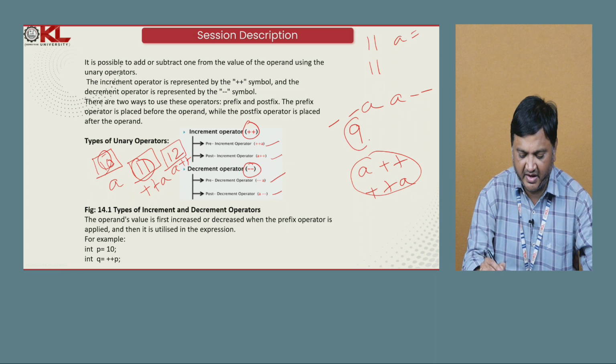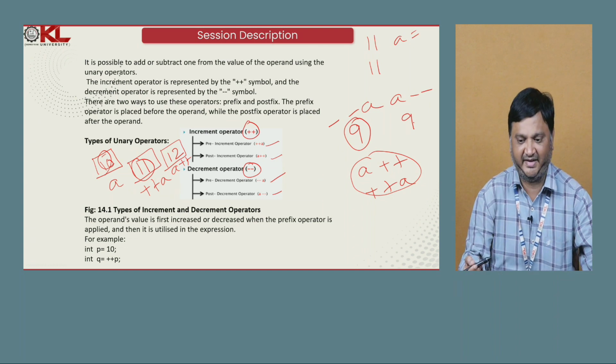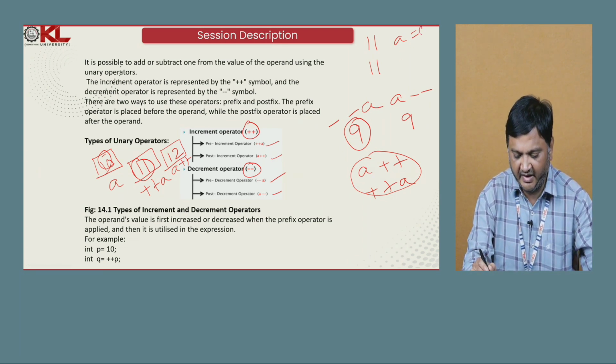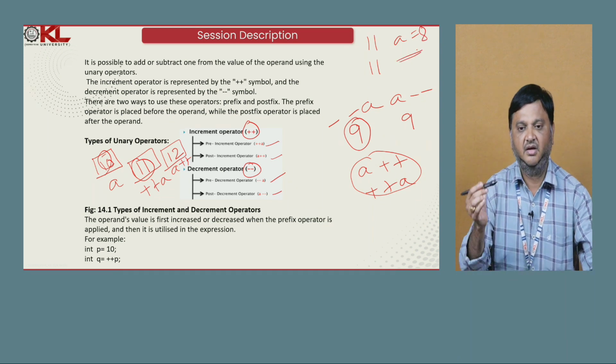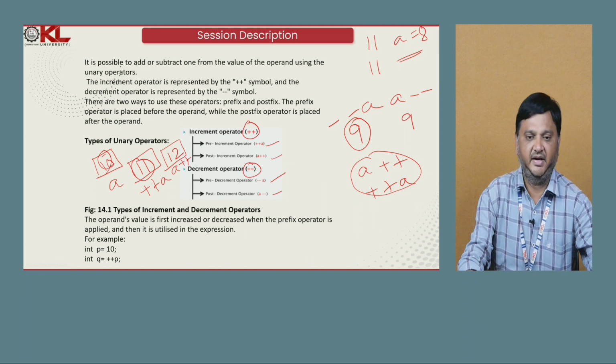What is the a value? We have 9. So first 9 will be printed on the screen and then subtract. So the updated a value will be 8. This is the way you can understand the difference between pre-decrement and post-decrement, as well as pre-increment and post-increment.